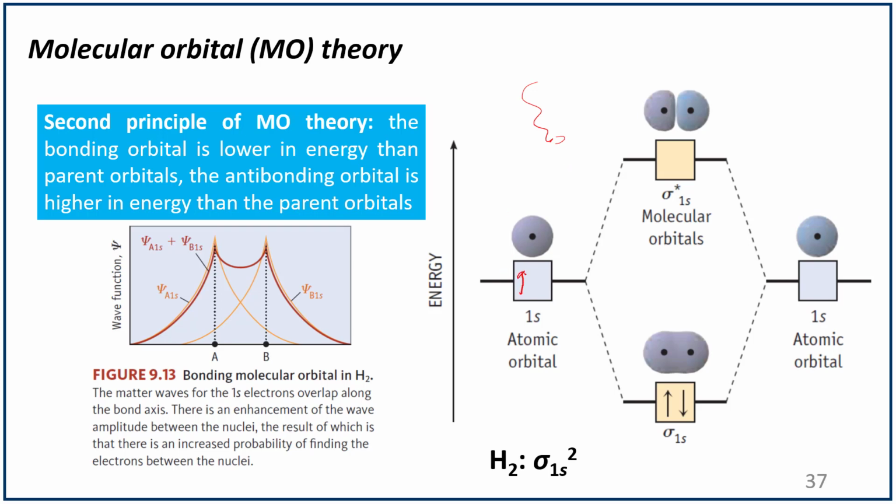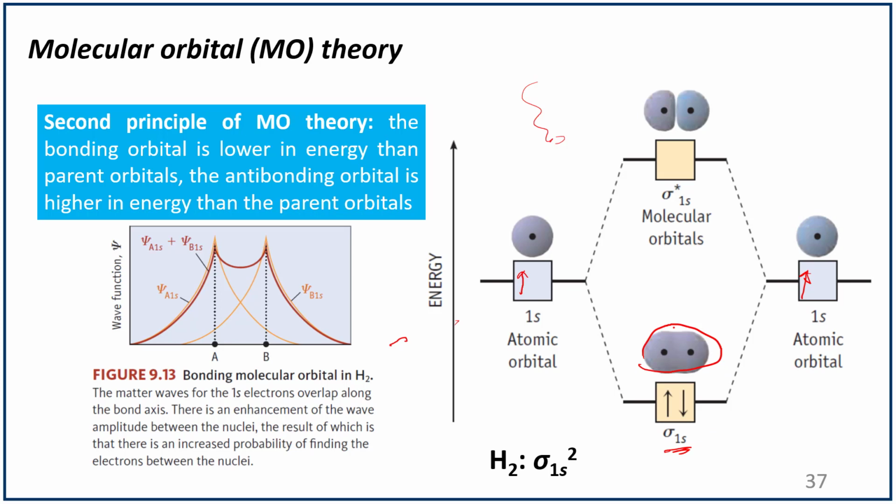We start first with the individual 1s orbitals of two hydrogens. Basically, if these two 1s orbitals form a molecular orbital, then the bonding molecular orbital here, which is again sigma, we're going to call sigma 1s because it comes from two 1s atomic orbitals.